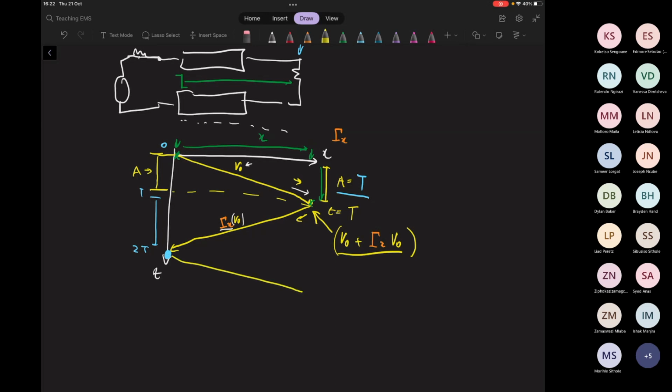Let's just say if I ask what is the voltage at time equals 3t. So at 3t, it's arrived back again. What it would be at 3t, it would be the sum of all these waves. Then I'm going to label 1, 2, 3, 4. So it would be 1 plus 2 plus 3 plus 4.